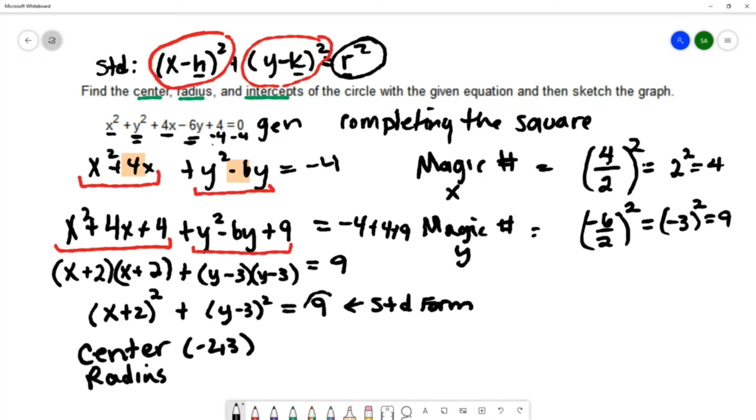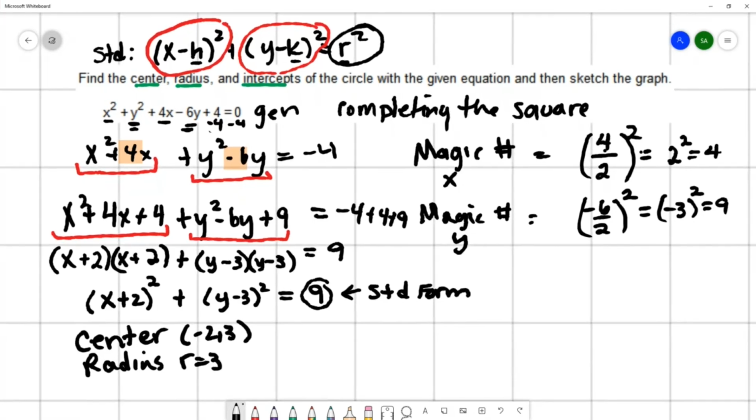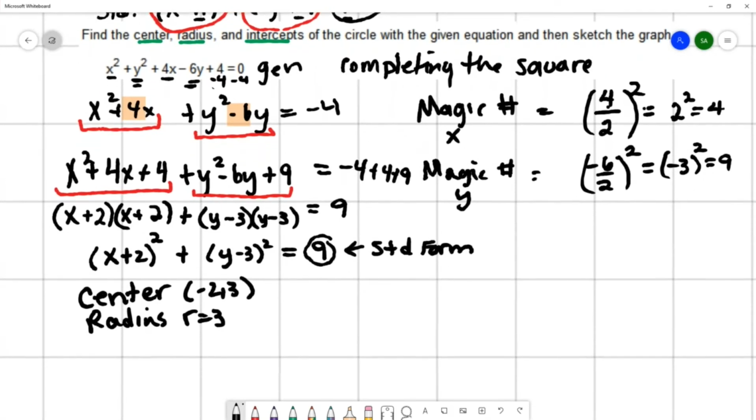So we have 9. That's the radius squared. So the radius is 3. And then we need to do calculations to find the intercepts. Okay, so let's find the intercepts.